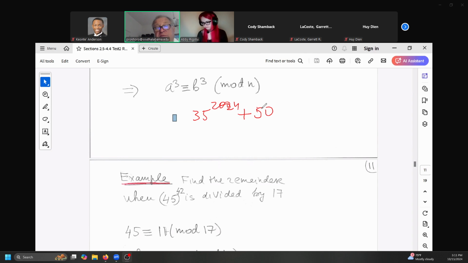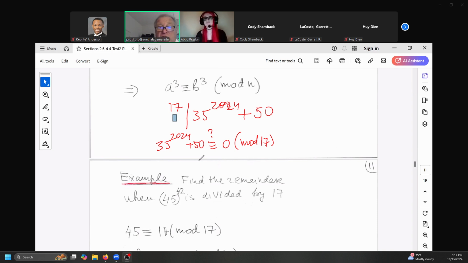Now we need to check whether this number is divisible by 17. Is 35 to the power 2024 plus 50 divisible by 17? Okay, so how to solve it? We write that 35 to the power 2024 plus 50 is congruent to 0 modulo 17, since for divisibility the remainder is 0. We need to rewrite this expression modulo 17 to get 0 at the very end.